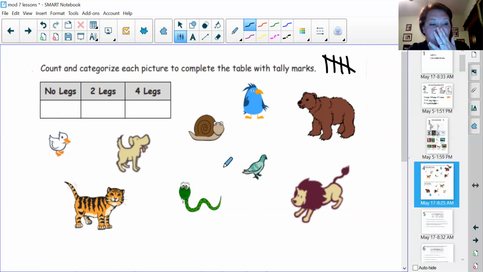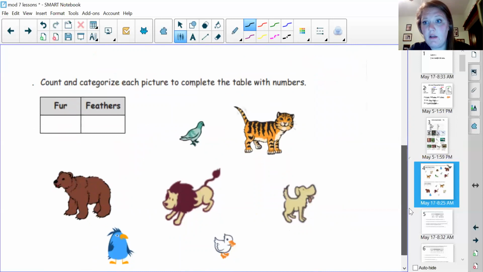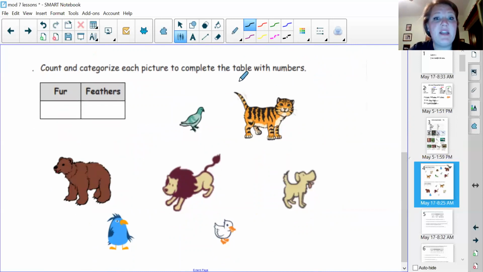So what I would do if I were you, I would start in one section, look for animals that have no legs, cross it off, and then do your tally mark, okay? And then just keep going until all of your animals are crossed off. It's the same thing for both of those tables, but the bottom table, instead of using tally marks, it wants you to use numbers.